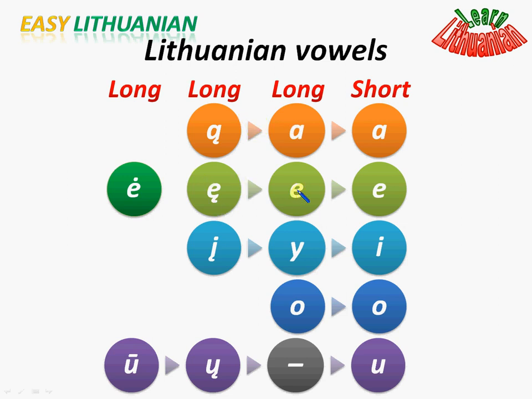E, nosinė, and E are the same. The same pronunciation, but written differently in different situations. These two are the same, E and E, although they are marked with the Latin letter Y, the English letter Y as you call it in English, and this is E nosinė.